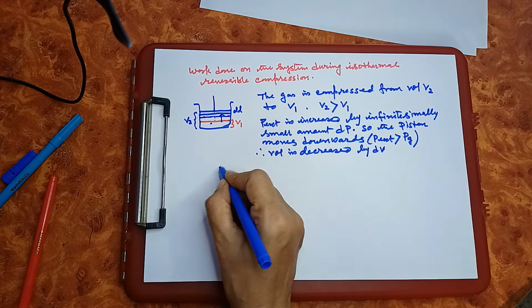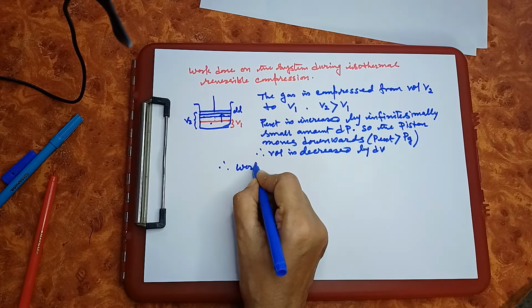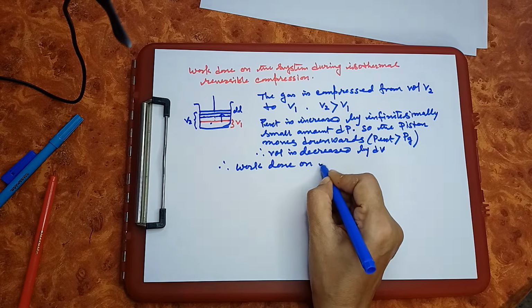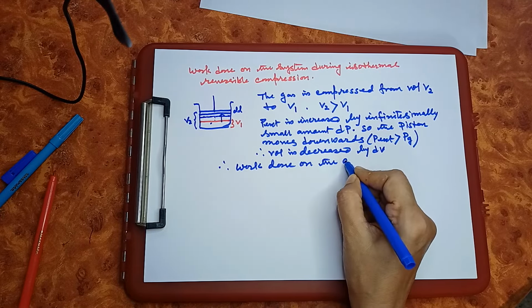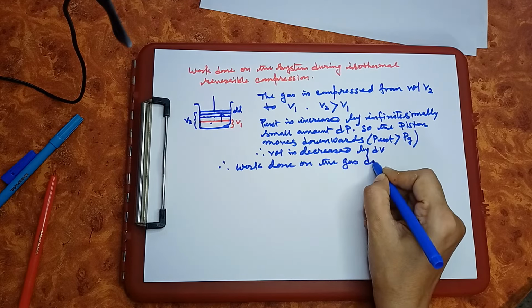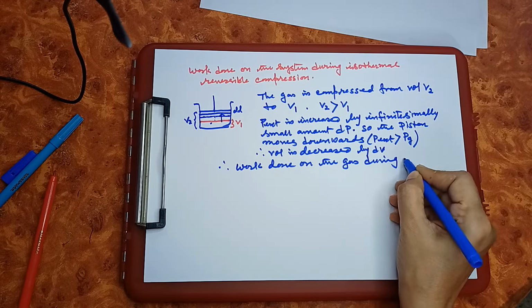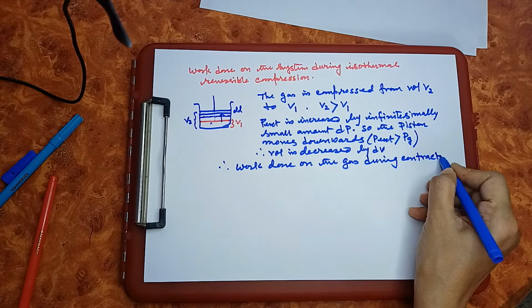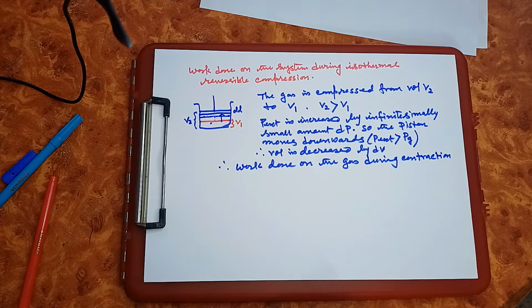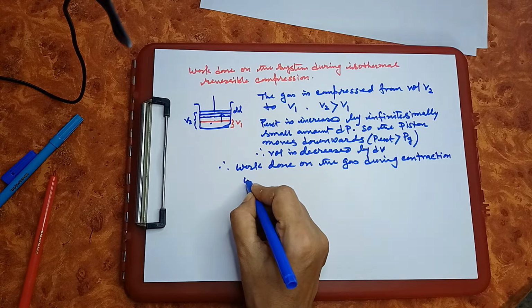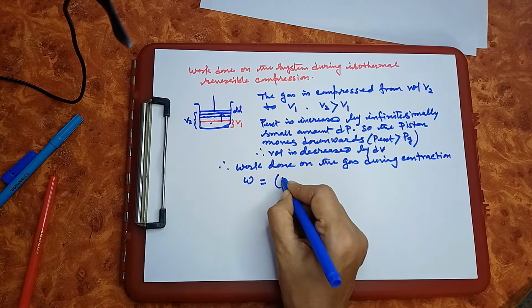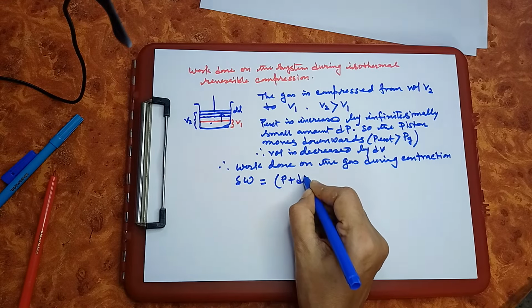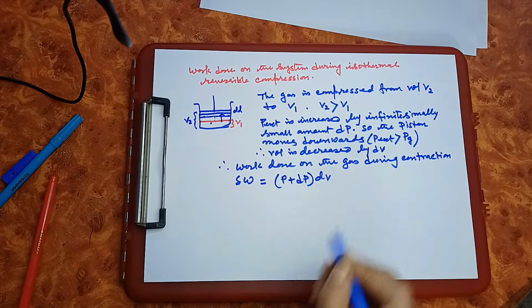So therefore, work done on the gas during contraction, dash W, say this is del W, will be equal to P plus dP into dV.